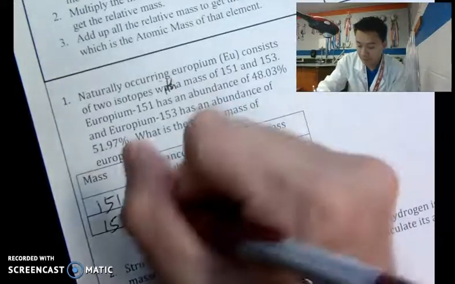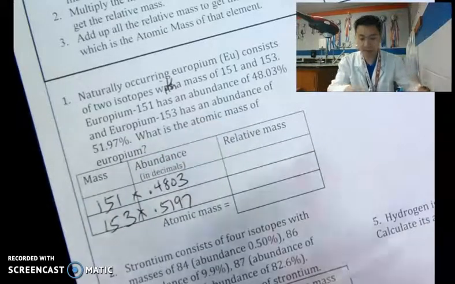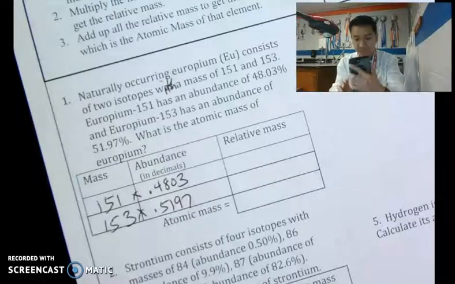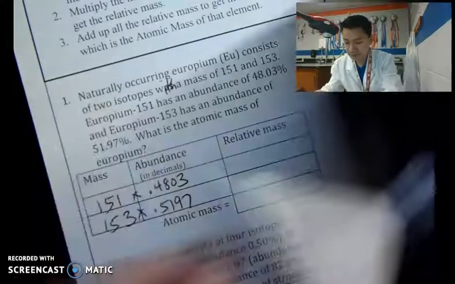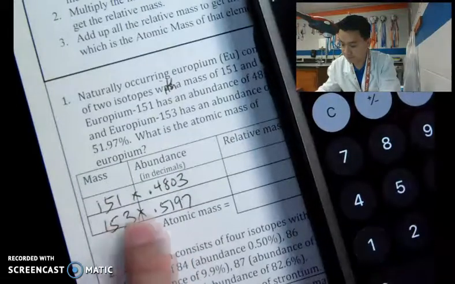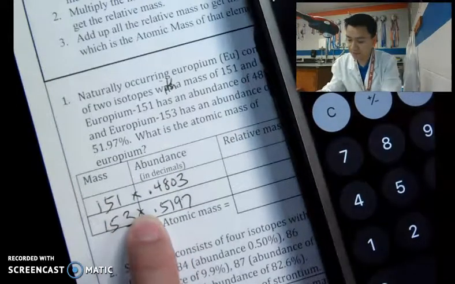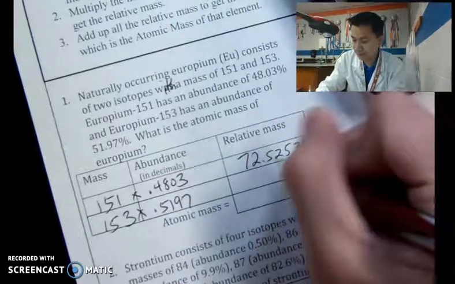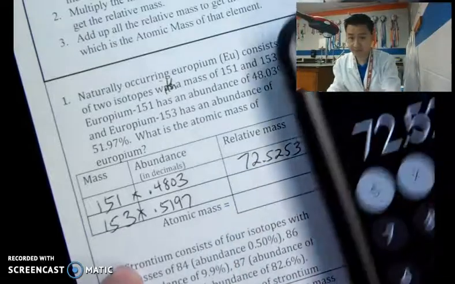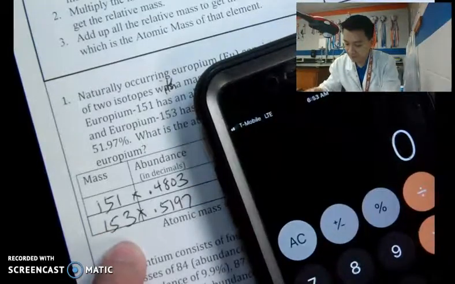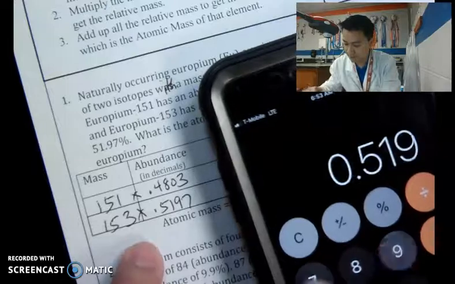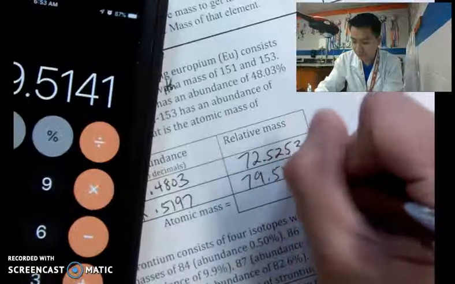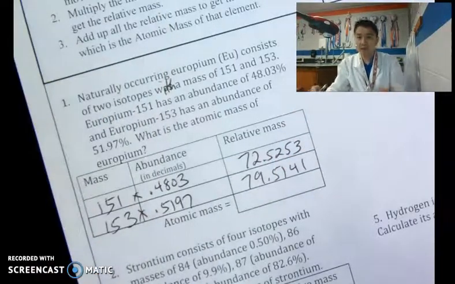Step 2, multiply them. 151 times 0.4803 is 72.5253. And then do the same thing: 153 times 0.5197 is 79.5141. So I get those two.